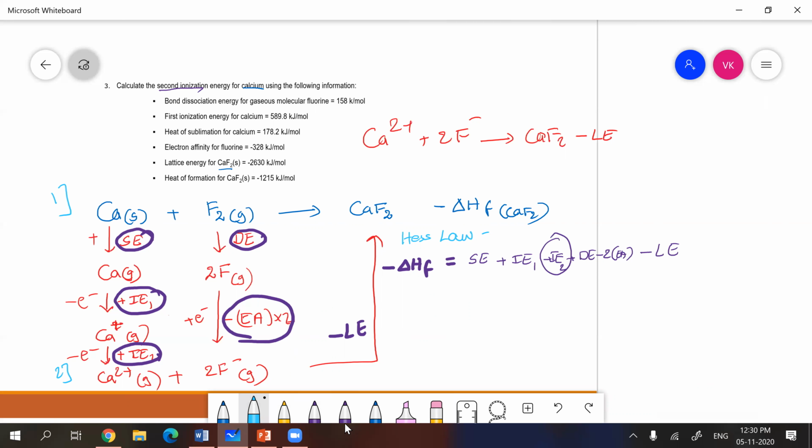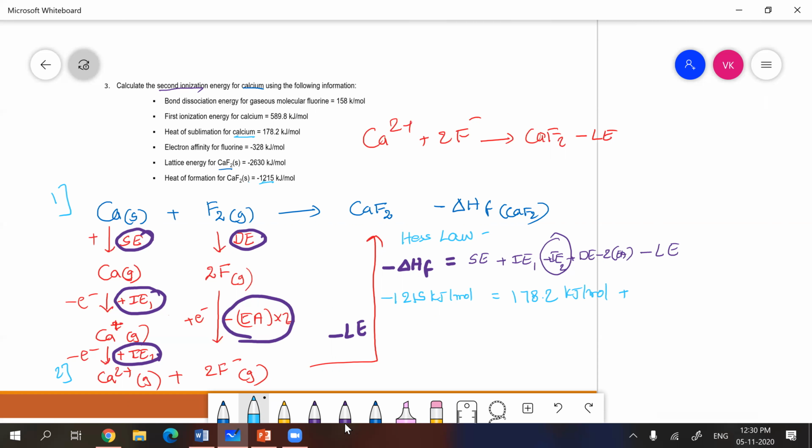Okay, let us substitute. First one, heat of formation of calcium fluoride. Where is it? Heat of formation is negative, already they give it, so take minus 1215 kilojoules per mole. That equals sublimation energy. Where is sublimation energy? You see, that is 178.2 kilojoules per mole.